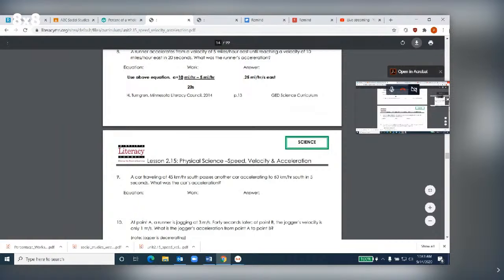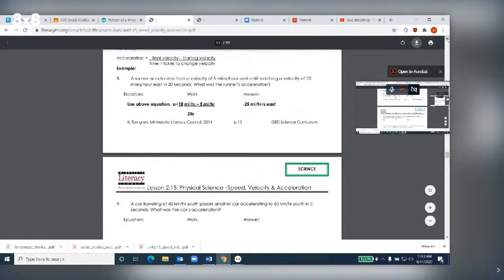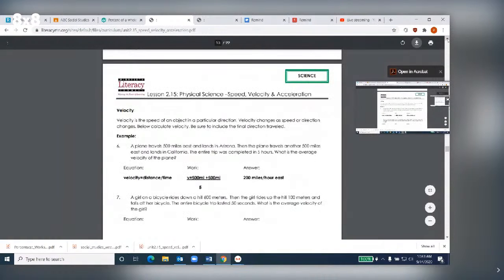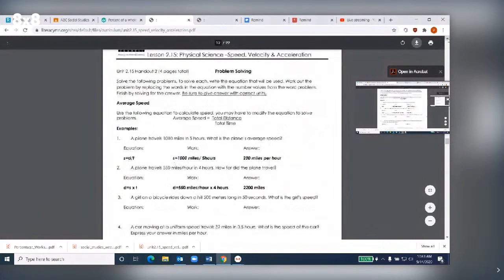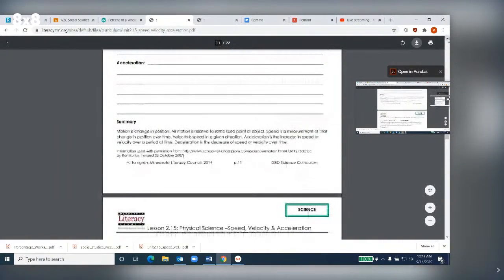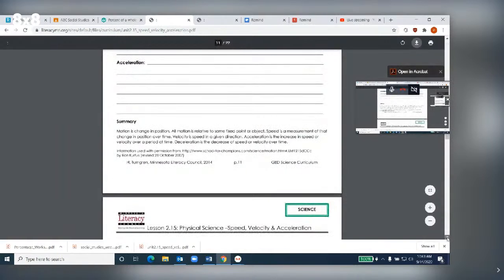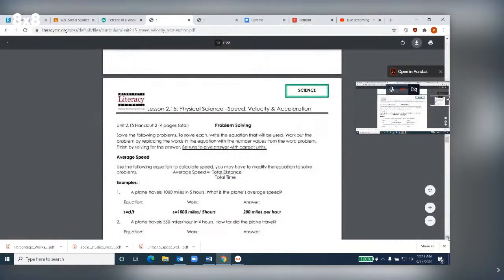So if you're confused, you guys, just remember, we'll go back up to this one. Okay, so for speed, it's total distance over time. The formula is right here.